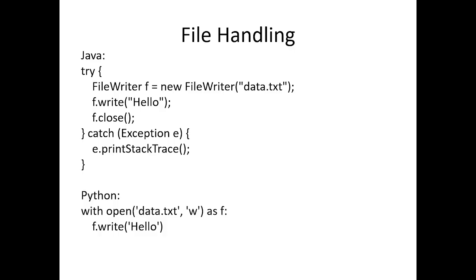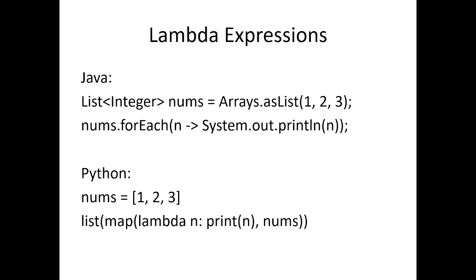With that, f has a write method. In Java also there is a write method, and here also a write method. So here I have written. In Python we use with open, and there FileWriter. So this is a major difference in file handling.